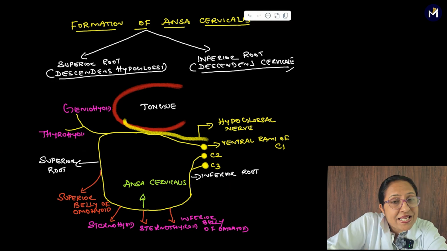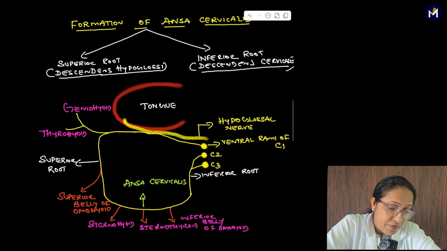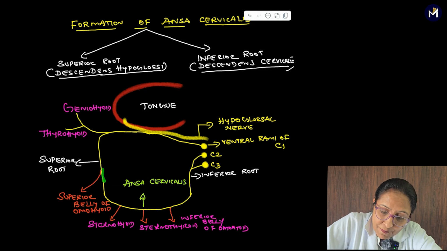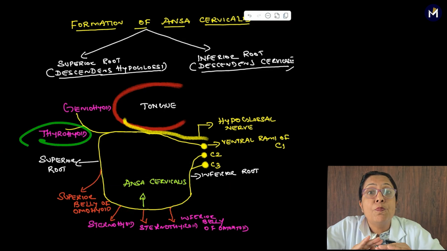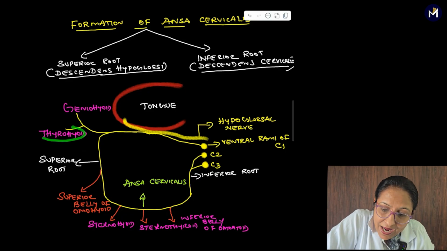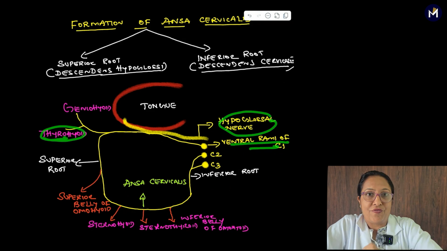That's why in the previous section we had discussed all the infrahyoid muscles are supplied by Ansa cervicalis except thyrohyoid, which breaks all the rule. It does not pull the larynx and hyoid bone downwards. It actually pulls the larynx upwards and it is supplied by C1 through hypoglossal nerve. So done with the formation and branches of Ansa cervicalis.